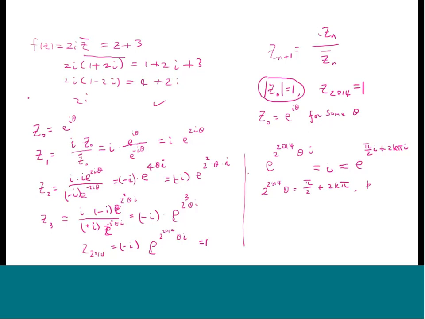So K can be anything, from 1 to 3 until K goes back to give the same thing. You understand? And then theta is 1 over 2 to the 2014. So K is going to be 1, 2, 3.